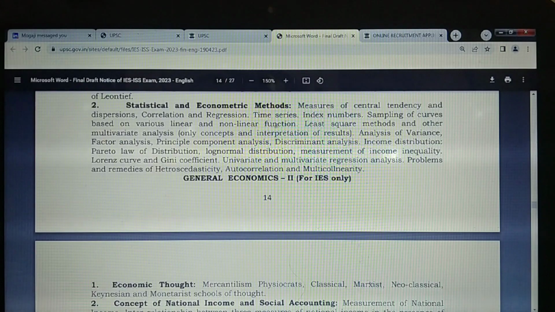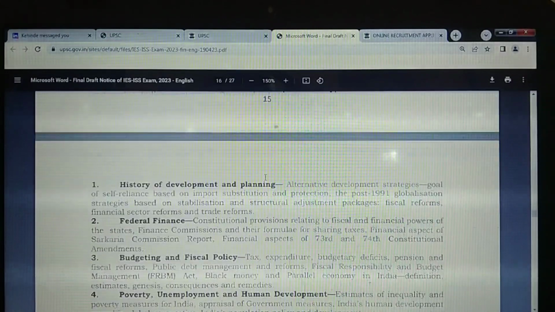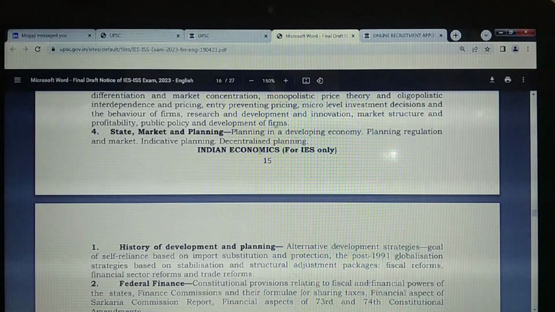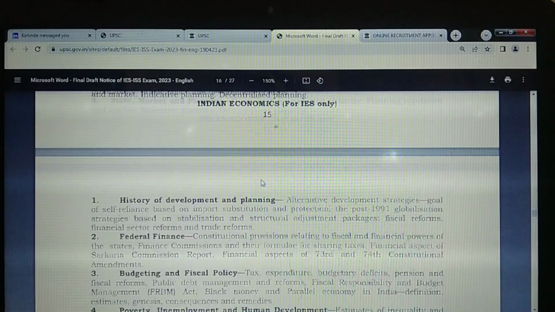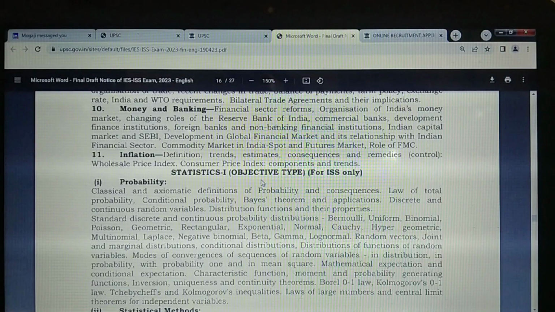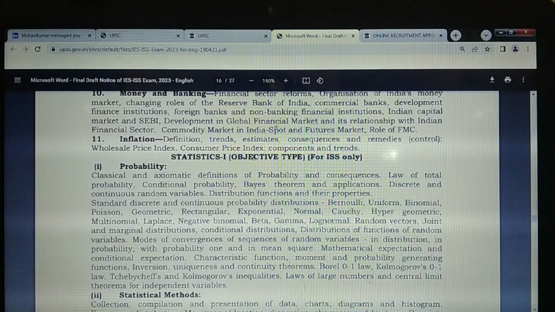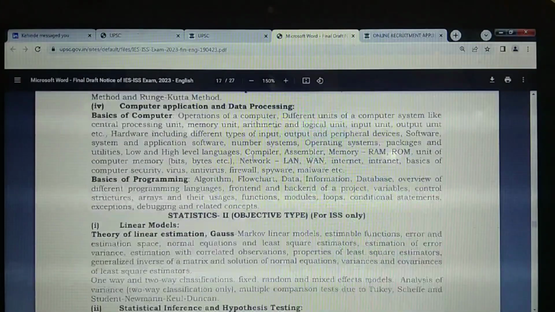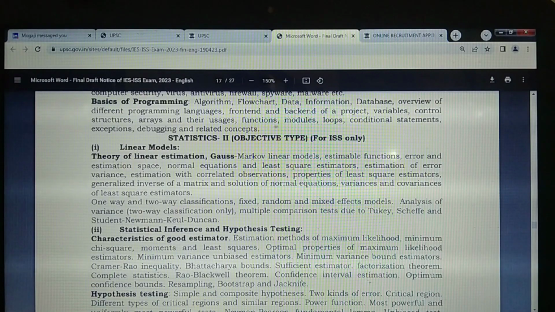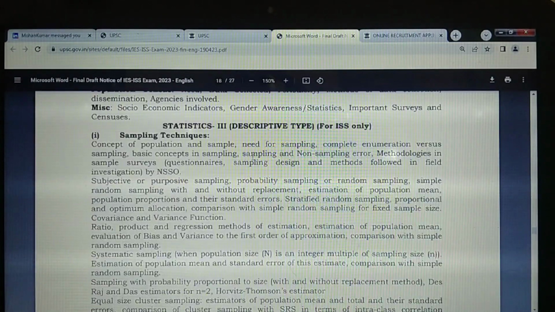General economics paper first, then general economics paper second, and general economics paper third, then Indian economics. This is for IES only. Then for the Indian Statistical Service, statistics paper first, other than general studies, is for ISS only.